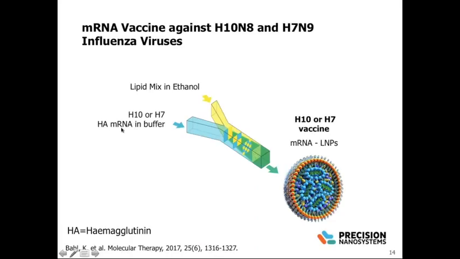And they combined the hemagglutinin mRNA of the pandemic strain, either of the H10N8 pandemic strain or of the H7N9 pandemic strain of the influenza virus. And for those who are not familiar with the influenza virus so much, hemagglutinin is a component of the virus capsid of the influenza virus that the virus actually needs to attach to the host cell.